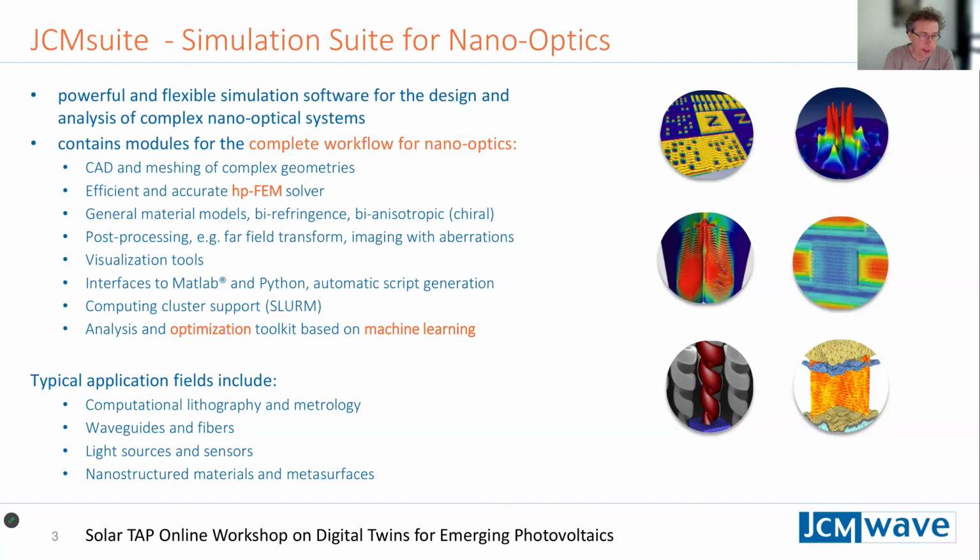Then there's also computing cluster support, so you can run computations on different nodes of a cluster easily and distribute the simulations to the different nodes. However, you can also distribute a single but very large computation on different nodes of a cluster. And then finally, there's also an analysis and optimization toolkit based on machine learning.